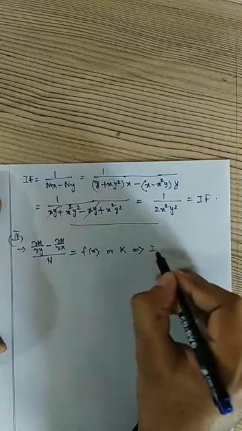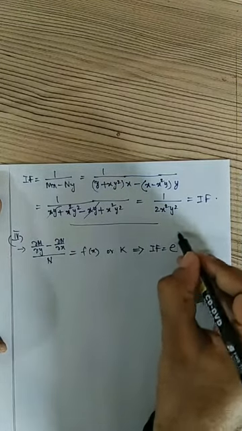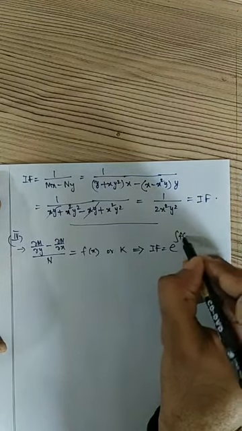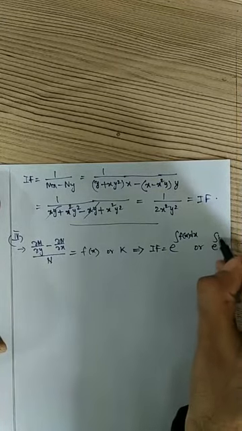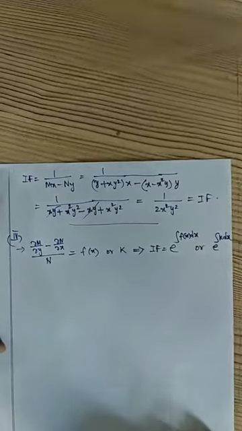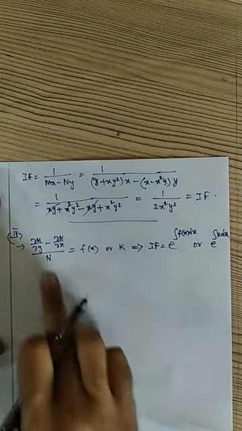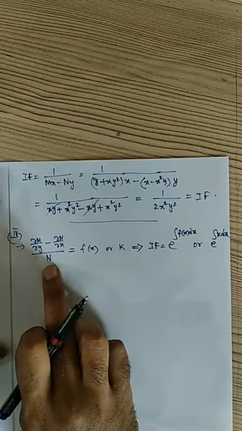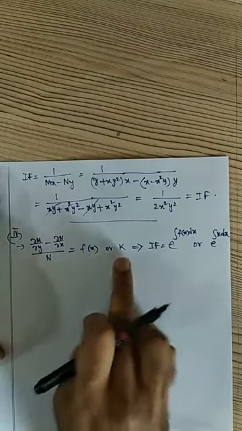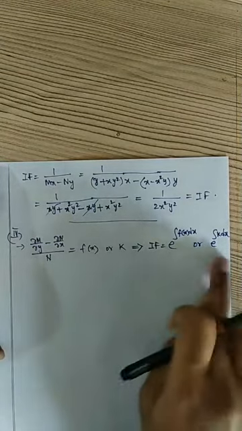Then the integrating factor is given by e power integral f of x dx, or e power integral k dx, right? If you find this, if it turns out to be a function of x or a constant, then the integrating factor is given by this.